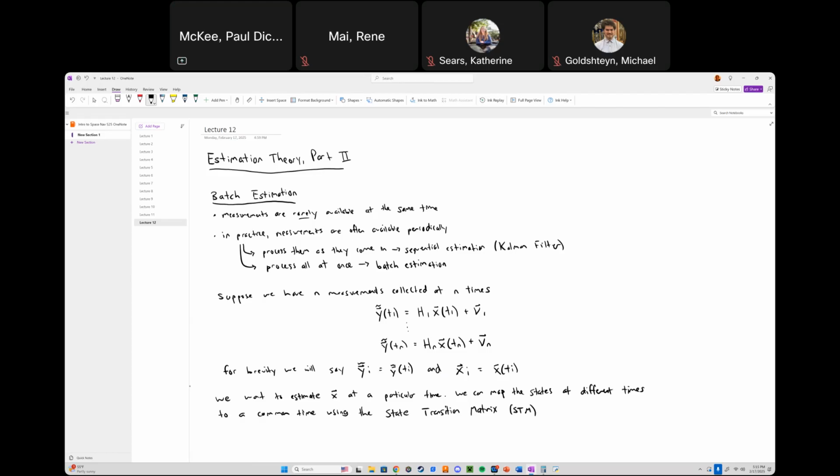If you remember nothing else from the batch estimation lecture, we need to remember the state transition matrix.